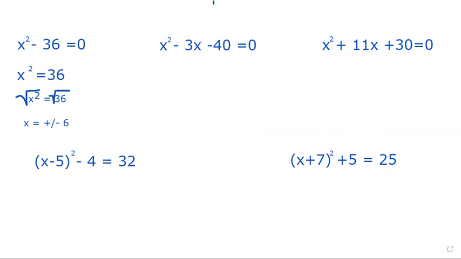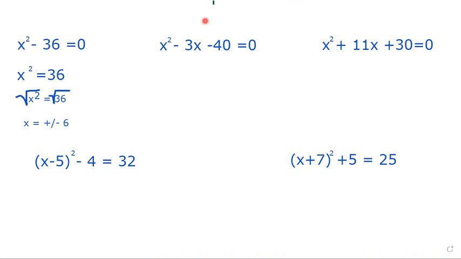Okay, let's look at this next one. Here we have x squared minus 3x minus 40. So here I know I need two numbers whose product gives us a negative 40, but whose sum gives us a negative 3. I'm going to say it again. They have to multiply to give you a negative 40, but you add them up to give you a negative 3.